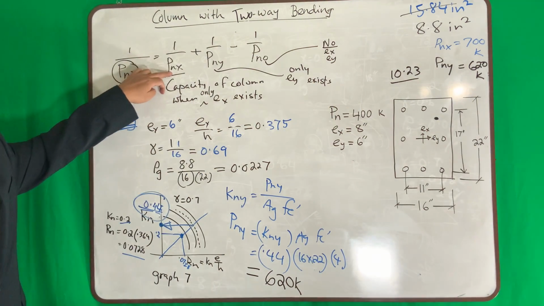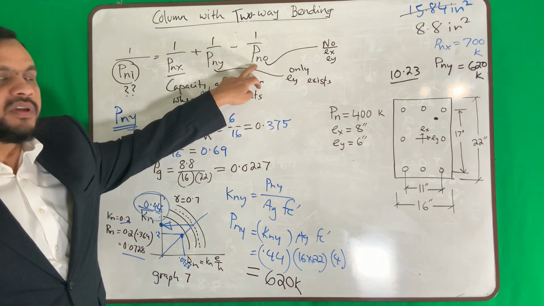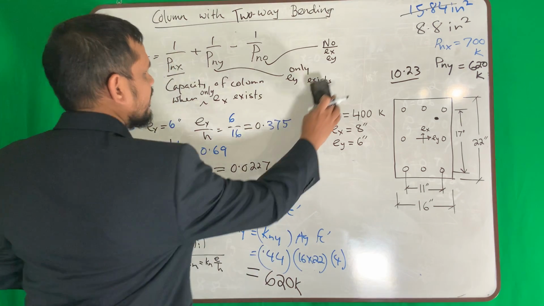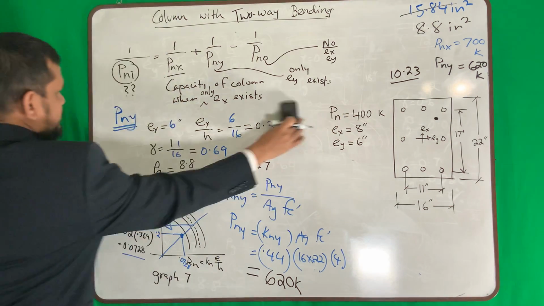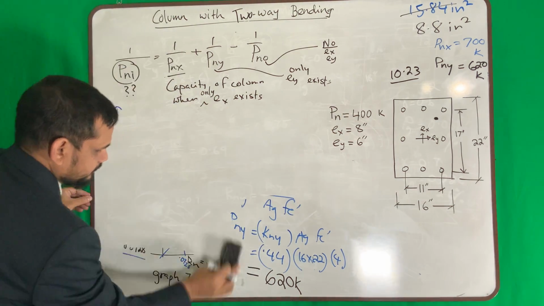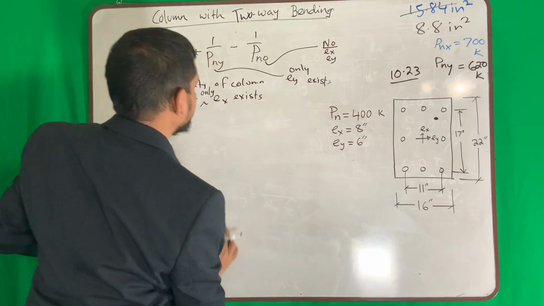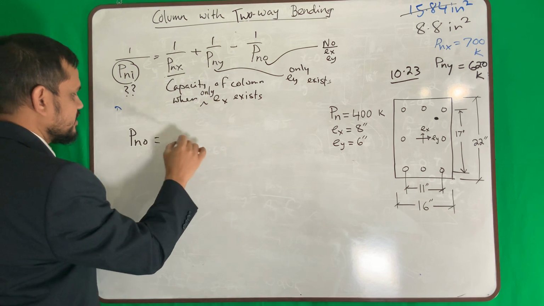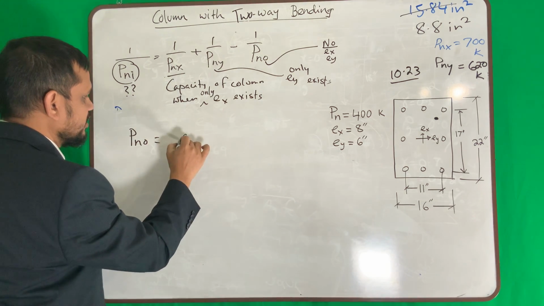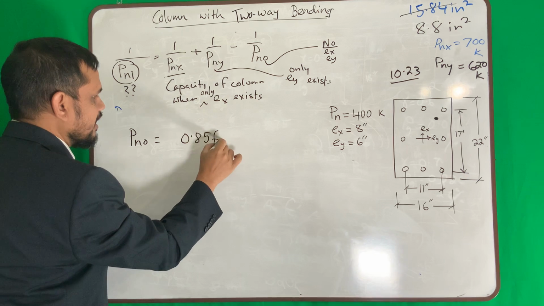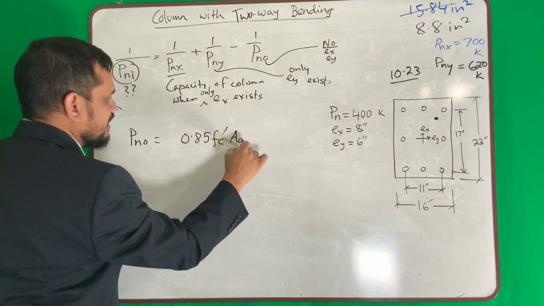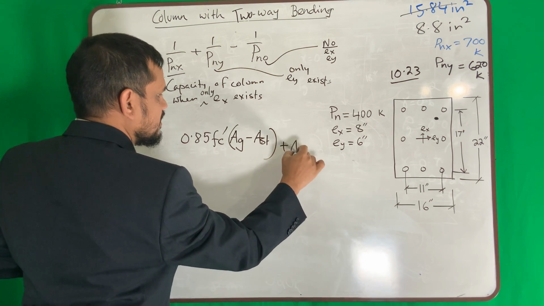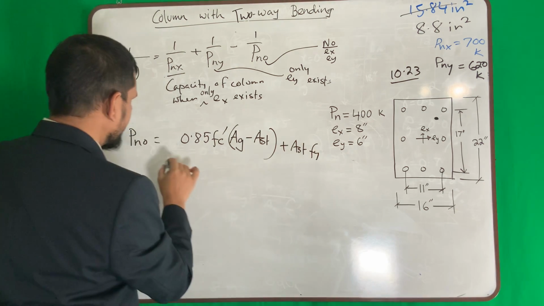So we got PNX, we got PNY. Now we will get PNO. No EX, no EY. How to find it? So it is here. PNO, that means it's nominal, so no factoring. So 0.85 A prime C times Ag minus Ast plus Ast FY.